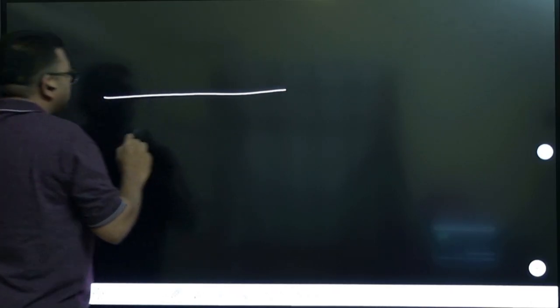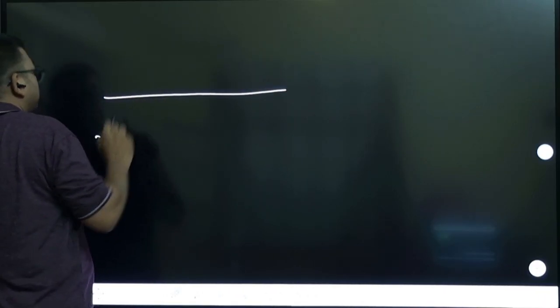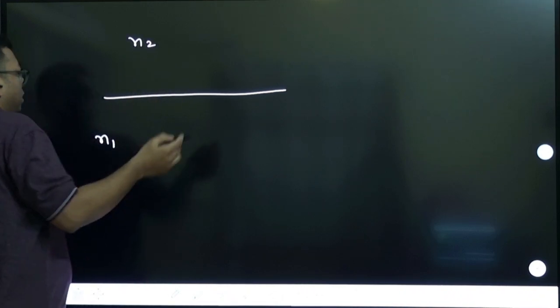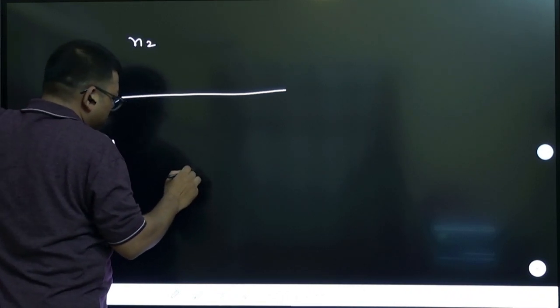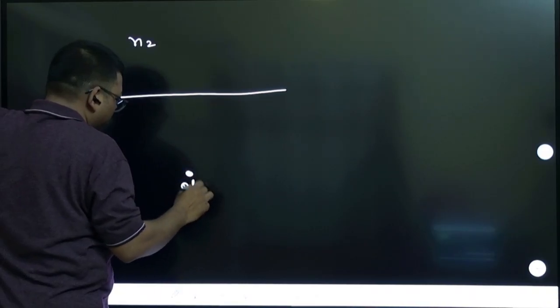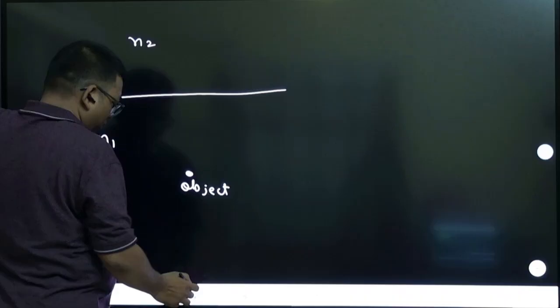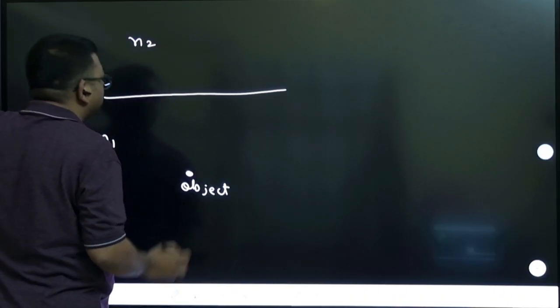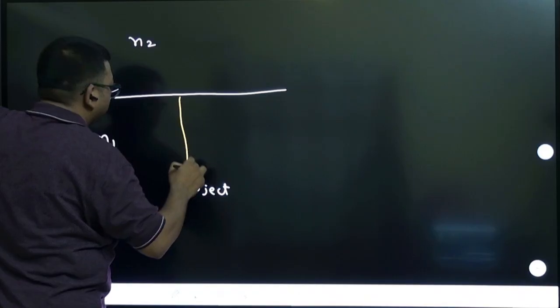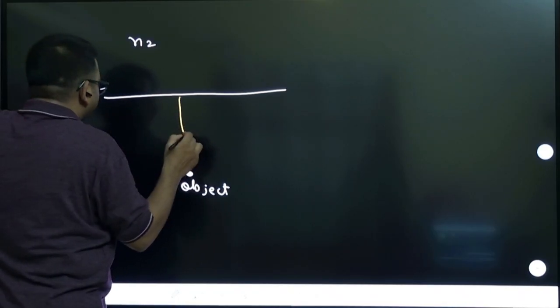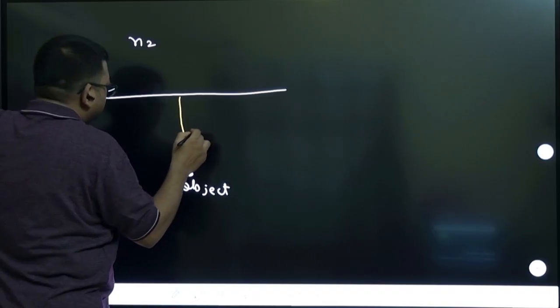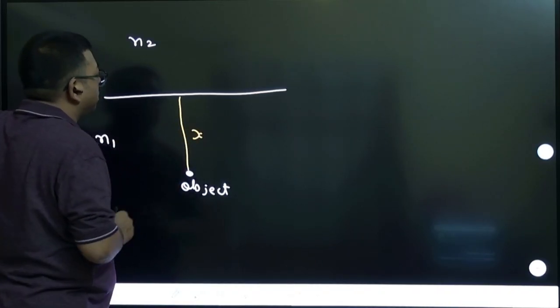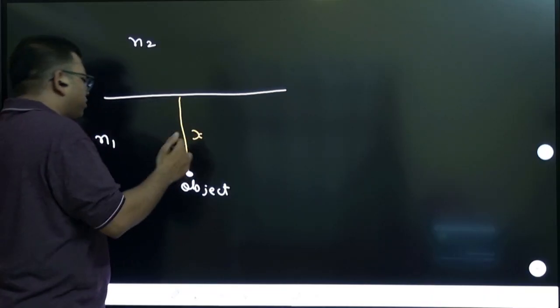Before going into the bird and fish problem, let us say that this side is n1 and this is n2. Let us say some object is here, at some distance x below the surface, and I want to find its image.